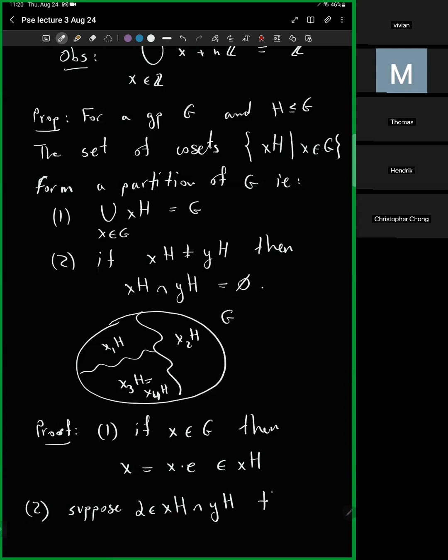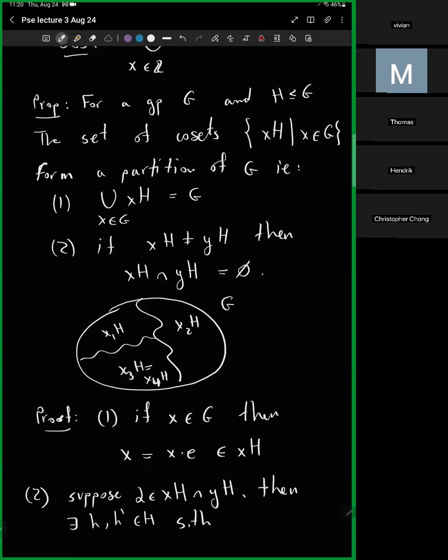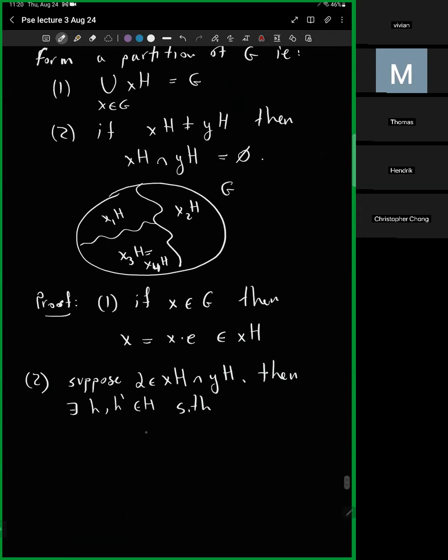Then there exist h and h prime in H such that alpha on one hand is equal to xh, and on the other hand is equal to yh prime.